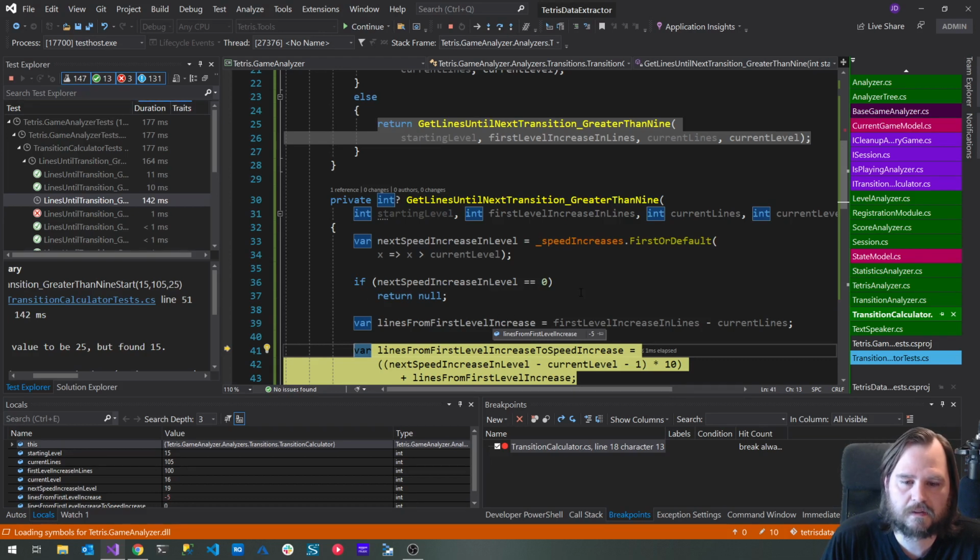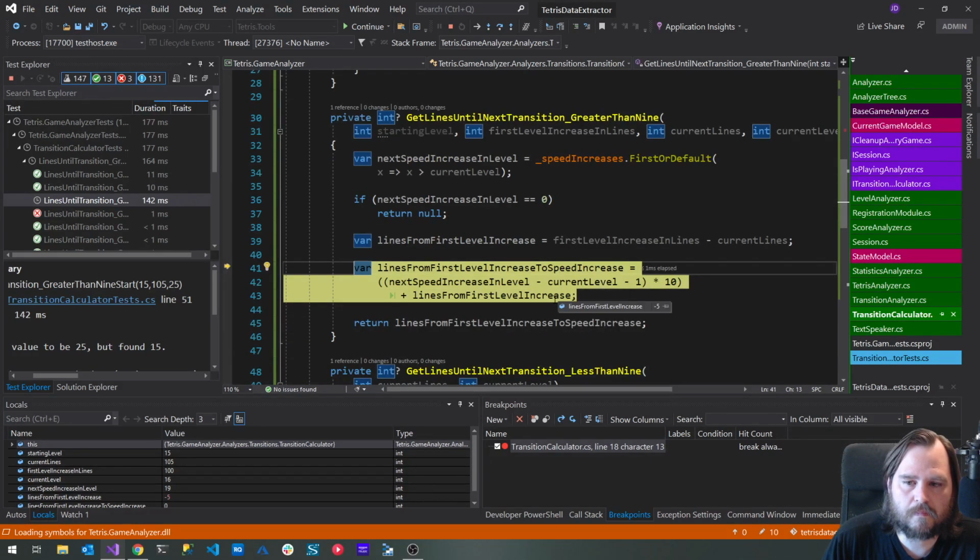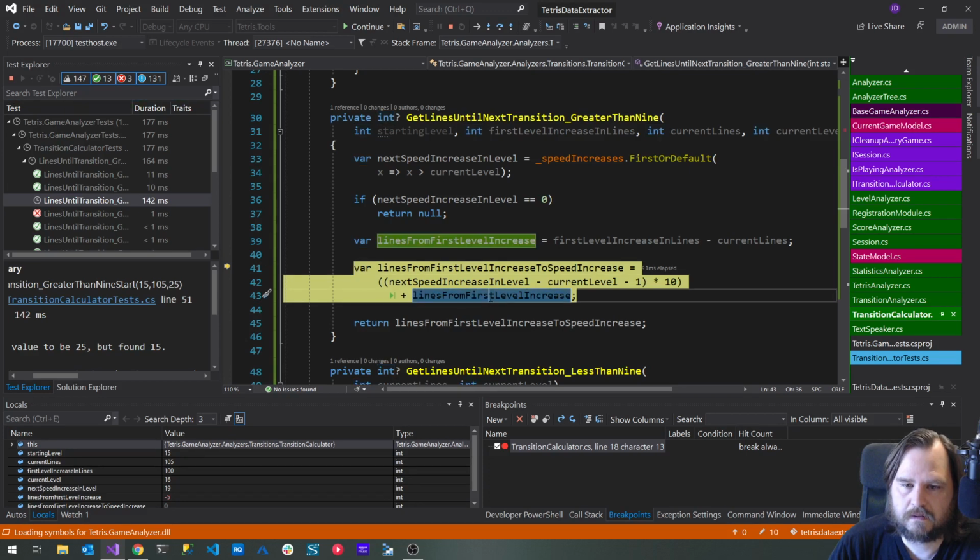That's fine. Your next speed increase in level is 19 minus 16, minus 10, and then we're adding. Yeah, we're subtracting 5 there.